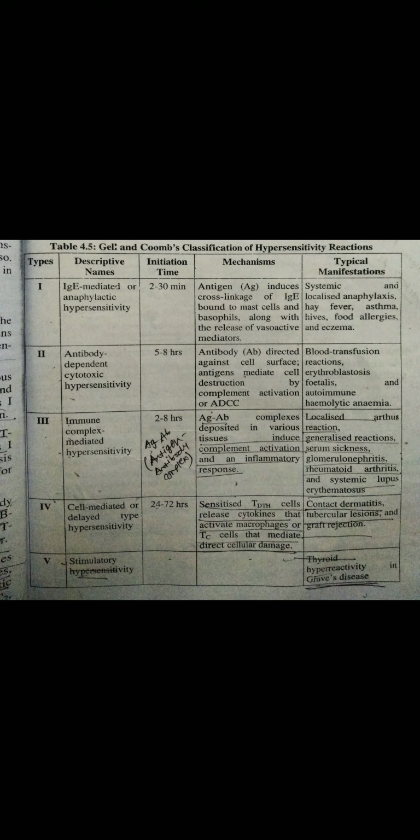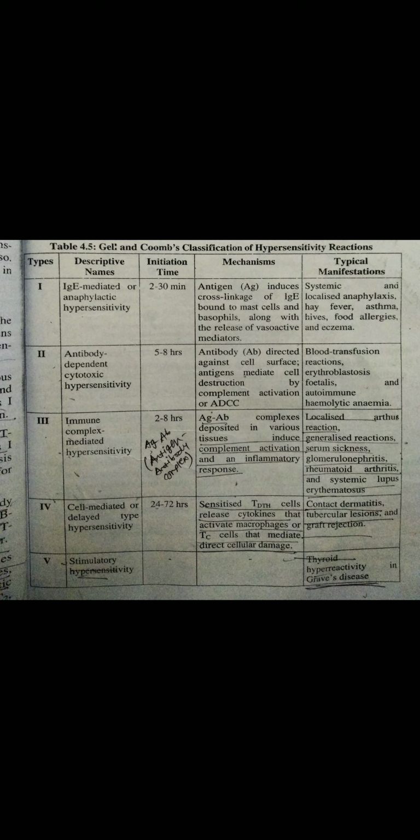After immunoglobulin E mediated hypersensitivity arises, after 2 to 30 minutes it gives symptoms, as in the last column: systemic and localized anaphylaxis, hay fever, asthma, hives, food allergies and eczema. These kinds of symptoms arise when type 1 hypersensitivity occurs in our body.